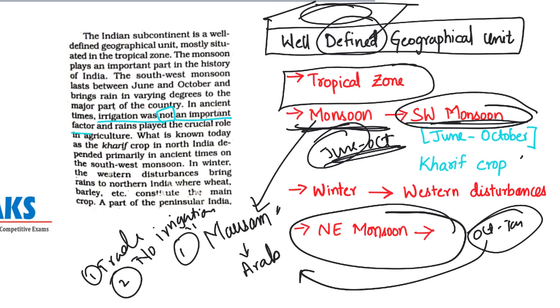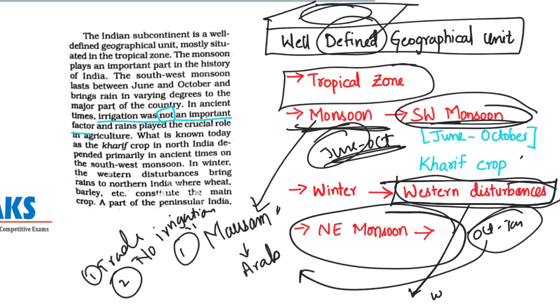Now we also know about the western disturbances which originate in the Central Asian countries or the Mediterranean region, and they bring a lot of cold winds into India. But our Himalayas stand apart to guard our country from these cold Arctic winds, right? Yet through the passes they bring some rain, called western disturbances, and these are important for our wheat cultivation, isn't it?